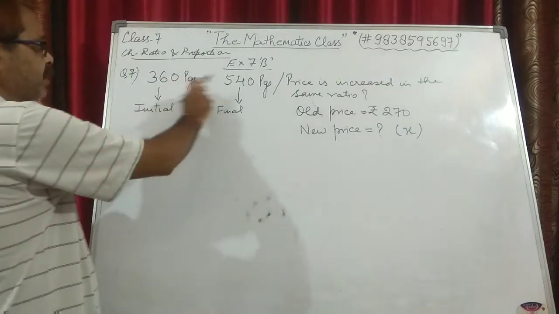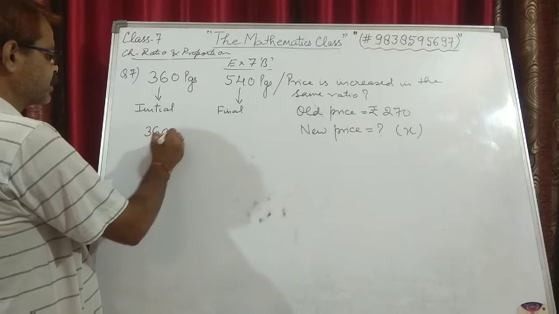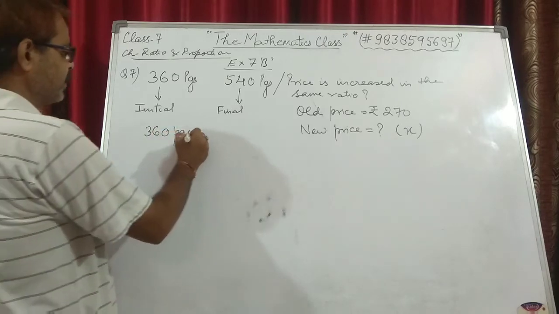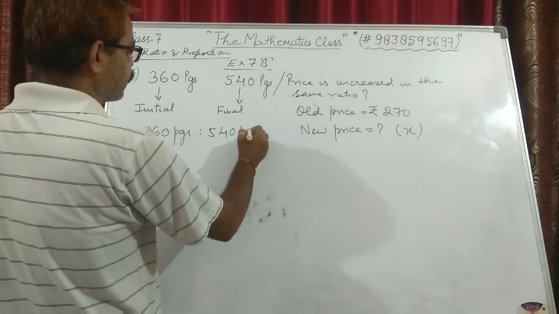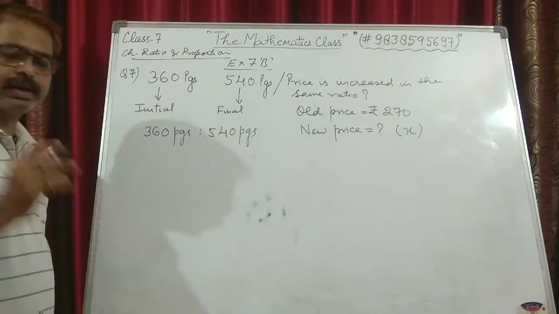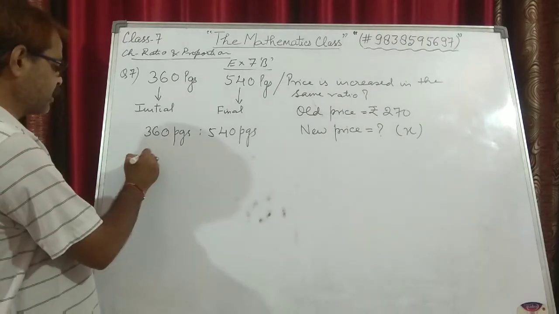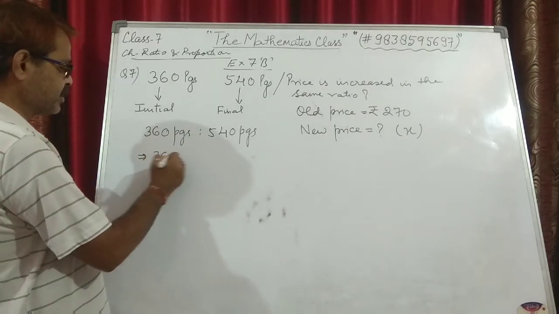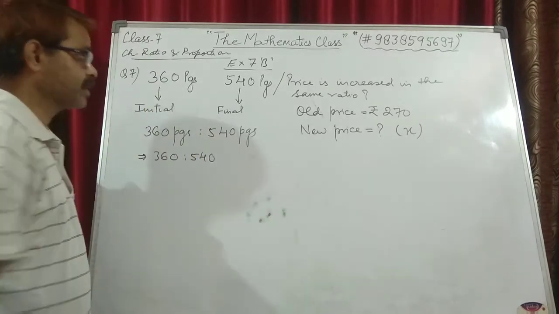Now first we'll find the ratio between the pages. It is given 360 pages is to 540 pages. But we know that a ratio doesn't have any unit, so this can be written as 360 is to 540. That's it.